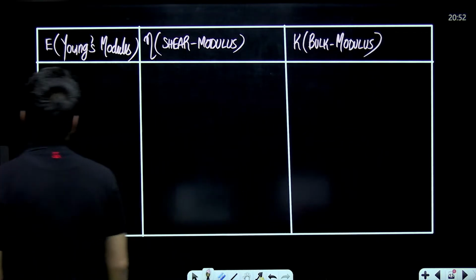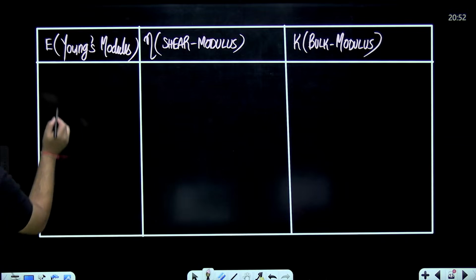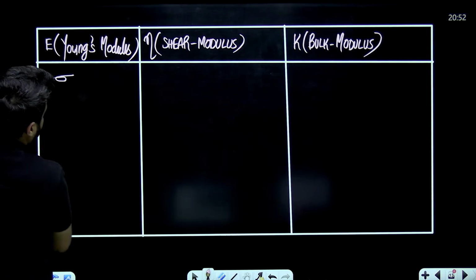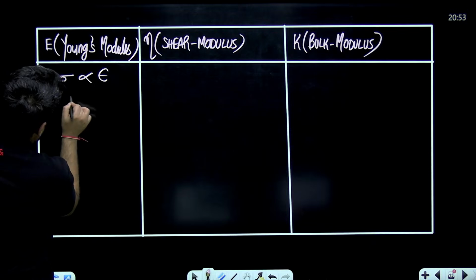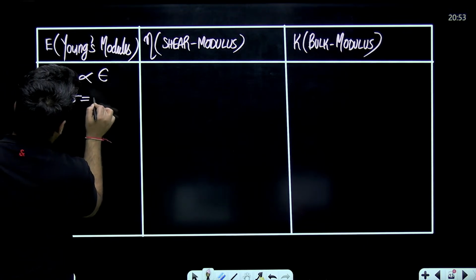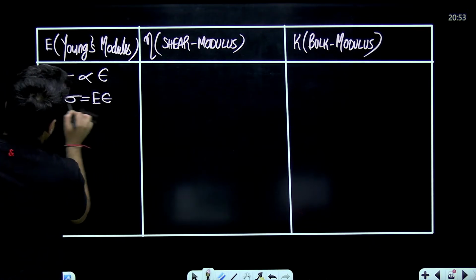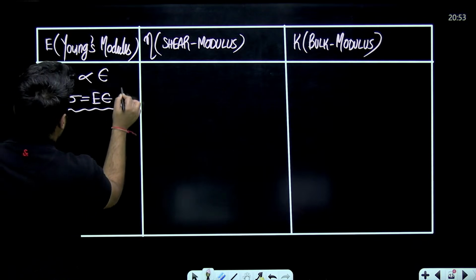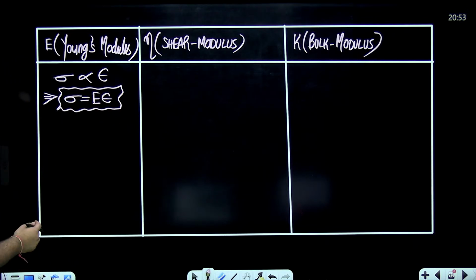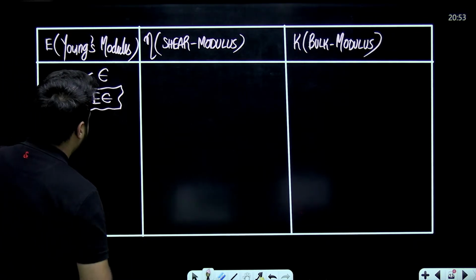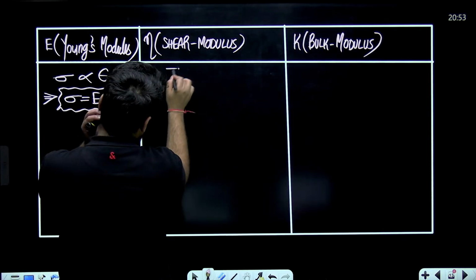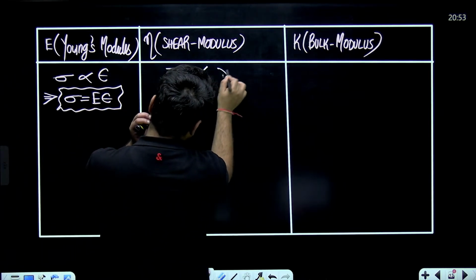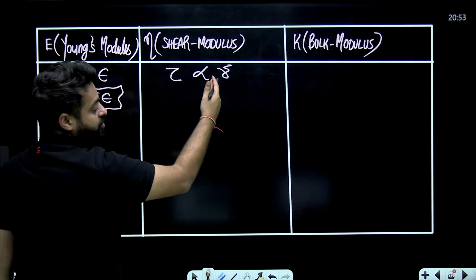They all are coming from different parameters. When the longitudinal stress is directly proportional to longitudinal strain, you get this proportionality: sigma is equal to E epsilon. This was the step, and it's completely a material property. When you talk about shear, then the shear stress is directly proportional to shear strain, which is basically theta also.